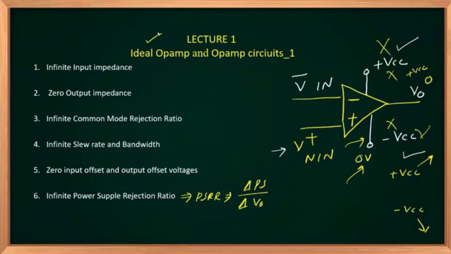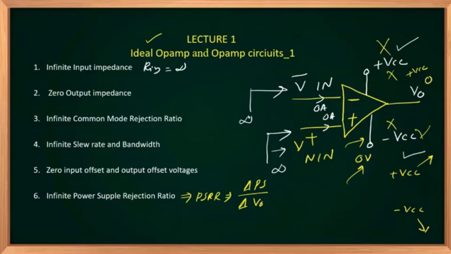First one is infinite input impedance. Infinite input impedance implies the current flowing into the input terminals of the op-amp will be how much? 0 amperes. So current into the terminals, inverting or non-inverting, will always be 0 amperes, because input impedance Rin is infinite. If you are looking into the positive input, you will feel an infinite input impedance. If you are looking into the inverting input, then also you will feel an infinite input impedance.